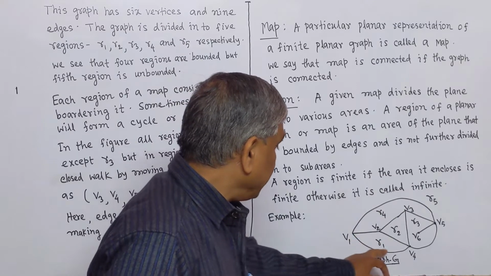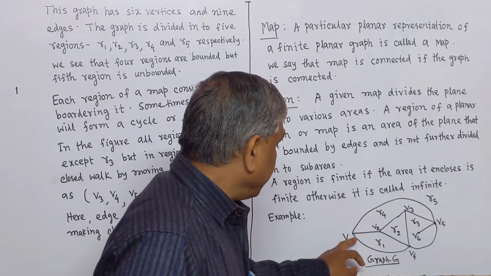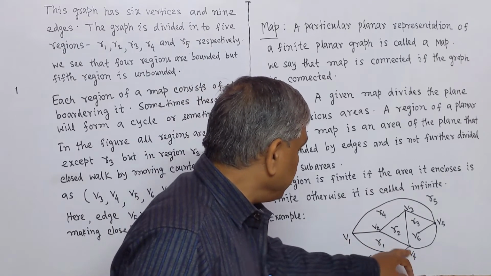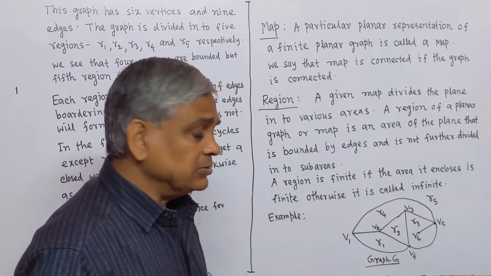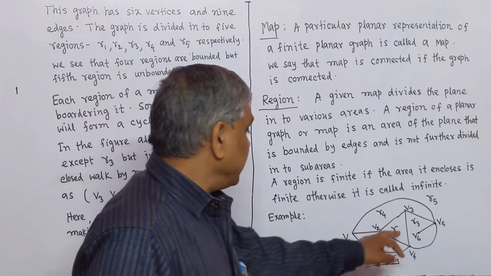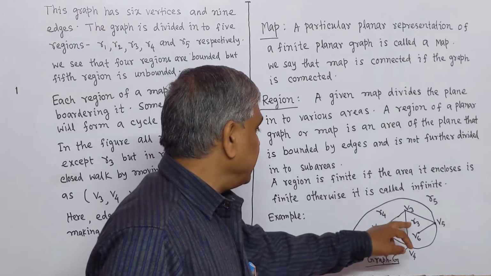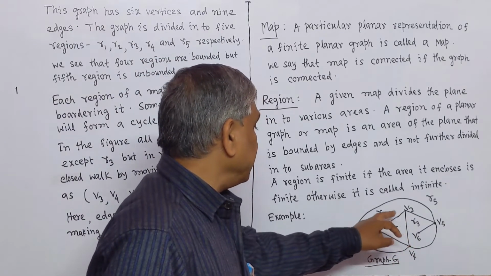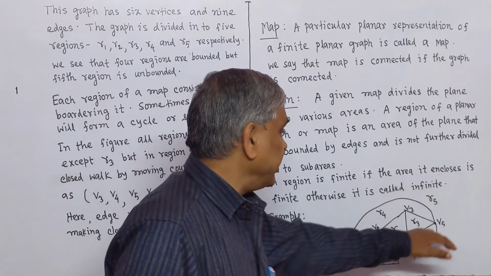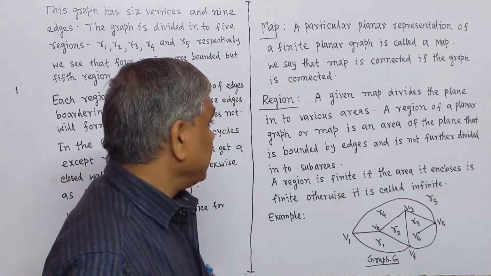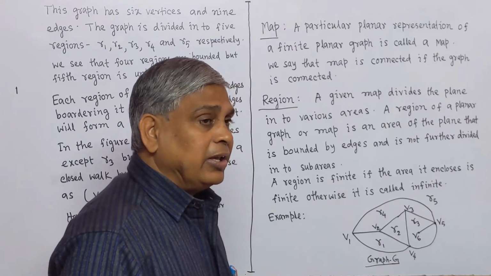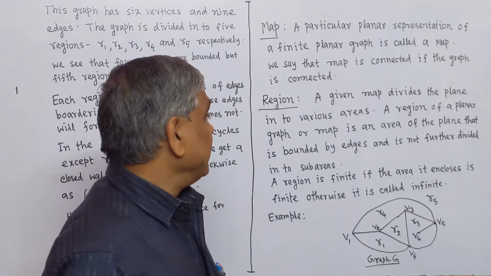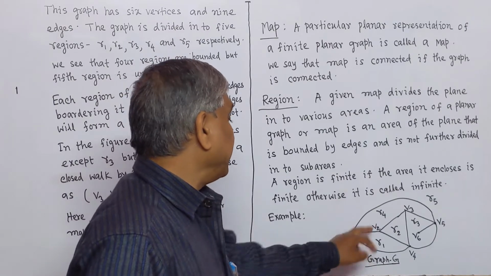Here this area bounded by V1, V4, V2 is called R1. This area is called R2. This area is called R3. This area is called R4 and outside R5. This particular area R1 is not further divided into sub-areas.